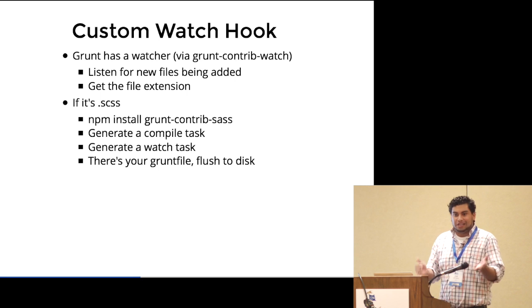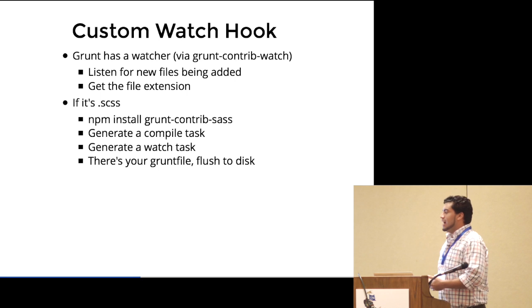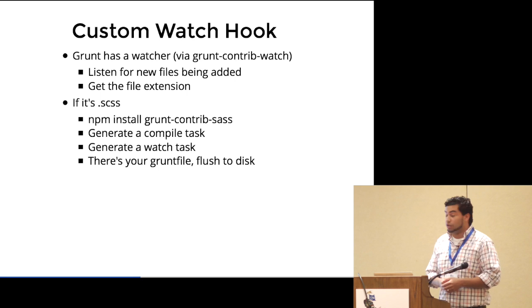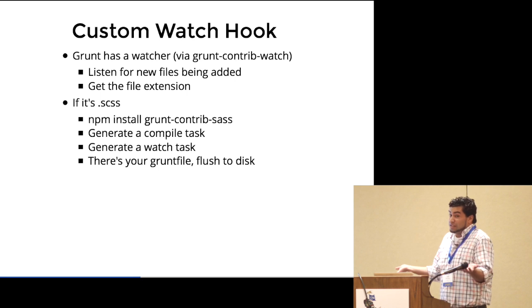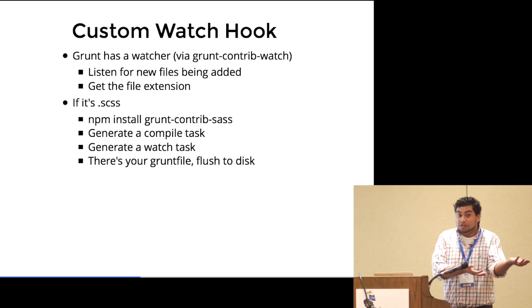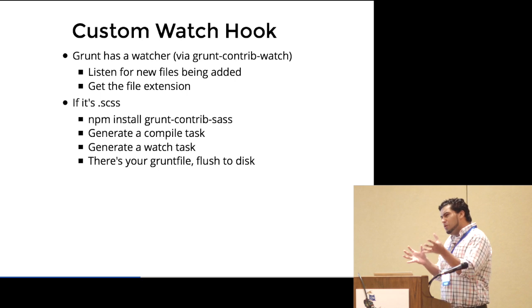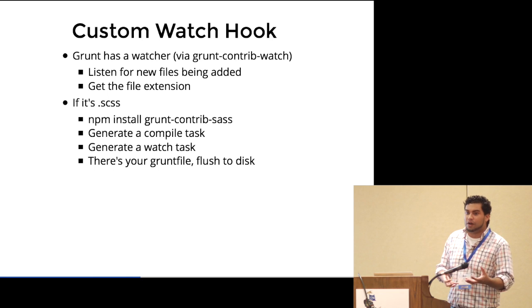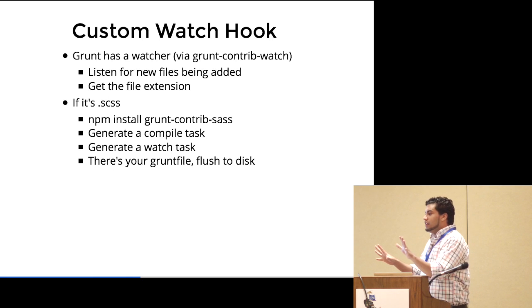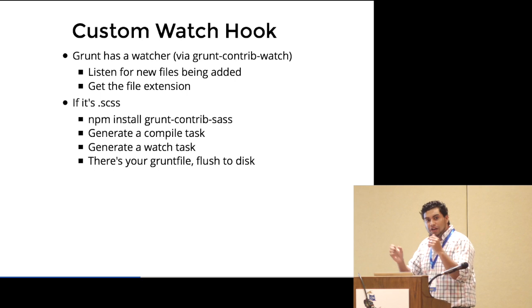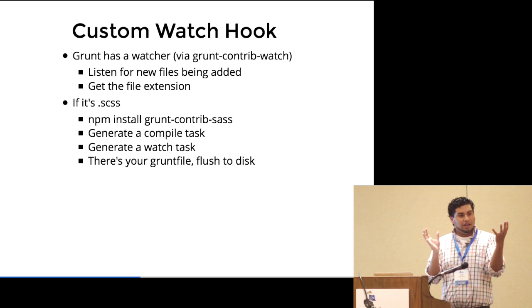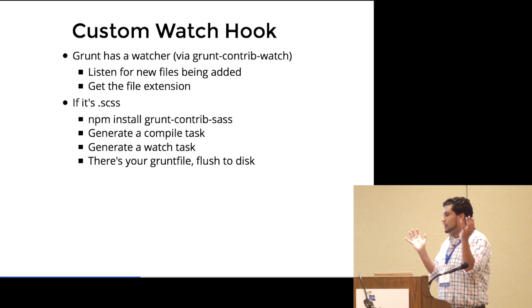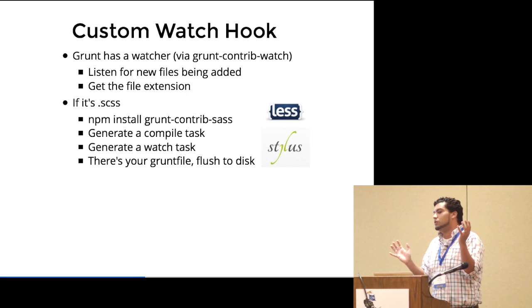In fact, that's downloading Grunt Contrib Sass, generating that compile task that I showed you earlier, generating a very simple watch task that simply says, when a Sass file changes, please run that compile task. And once you have those two tasks, you have the bulk, you have the meat of your Grunt file. So just flush it to disk, and the watcher, since it's still running, will pick up those changes and now say, hey, I can actually watch your Sass files and recompile them for you. No problem.